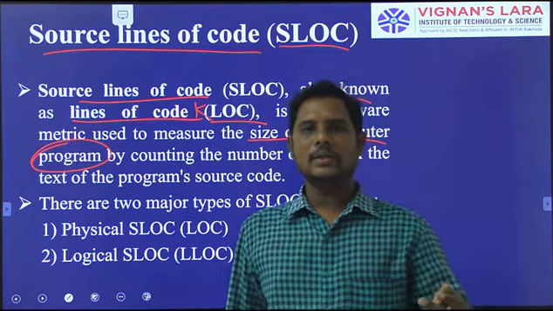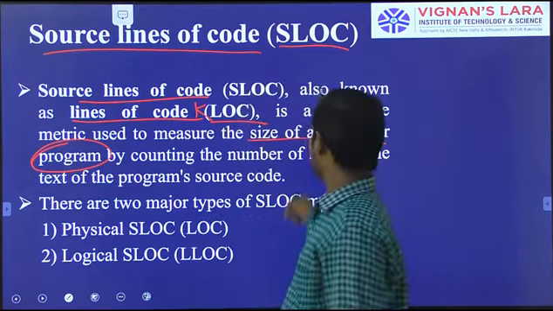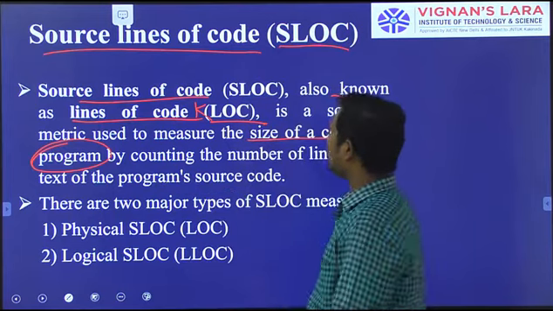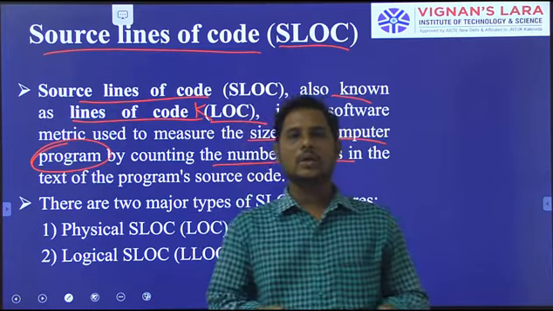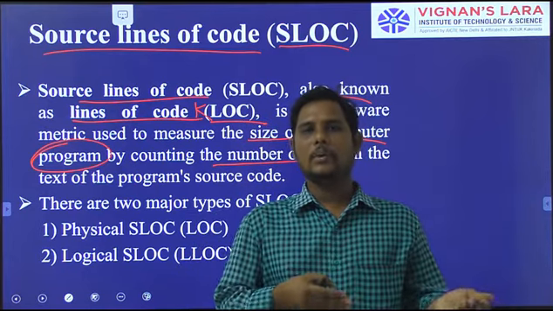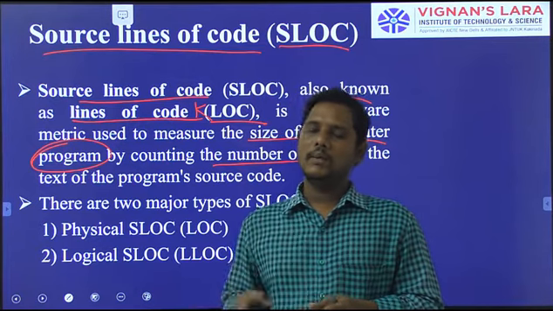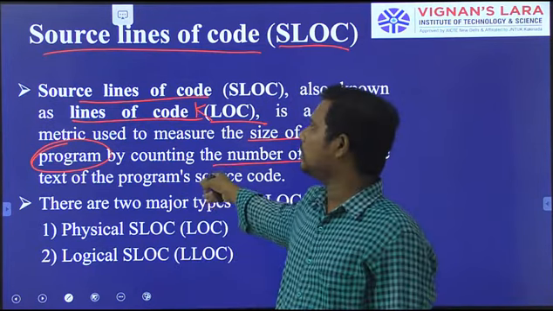Your project has code, and that code is nothing but the computer program, measured by counting the number of lines. How many lines of code you are using in your project. Either a small, big or average project, we estimate based on the lines of code.